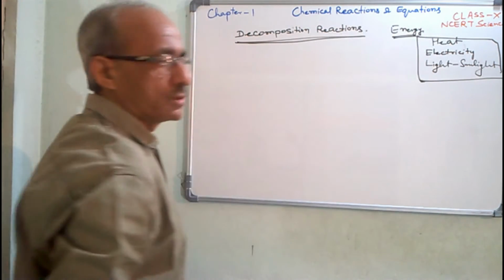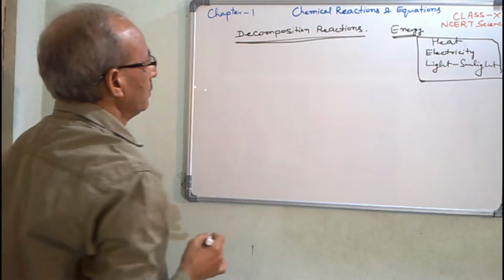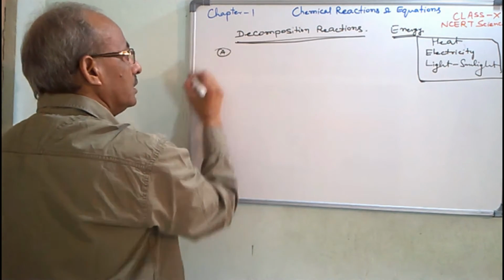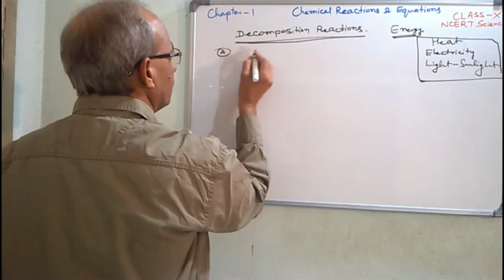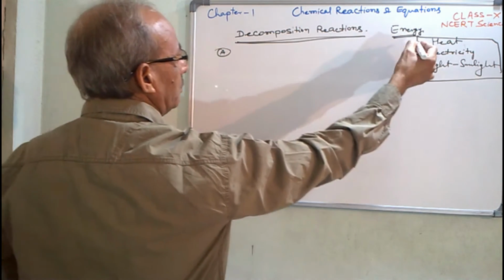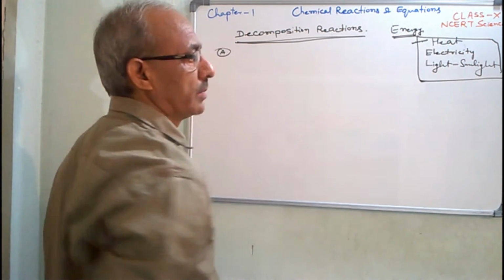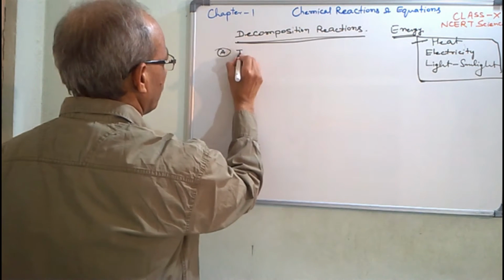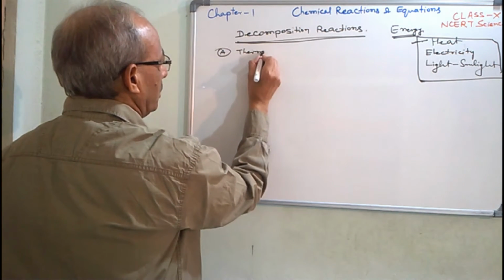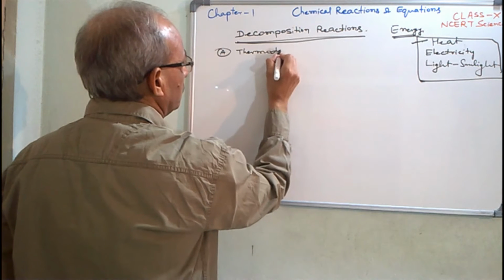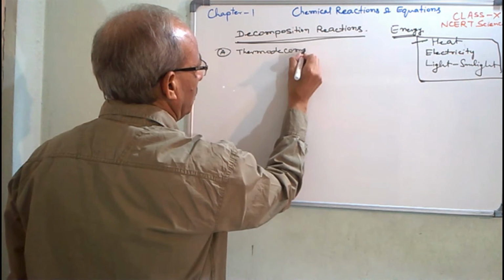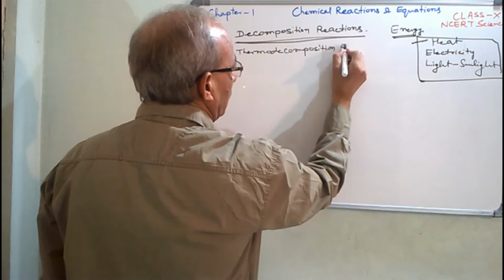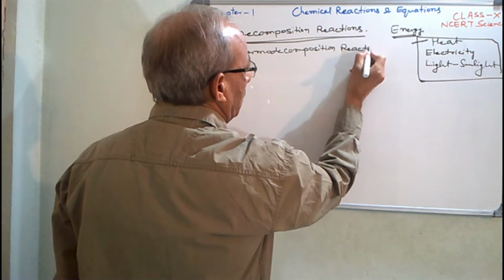Depending upon the types of energy, we may classify the decomposition reactions into three categories. First, which is completed when heat is provided. That type of decomposition reaction is called thermo-decomposition reaction.